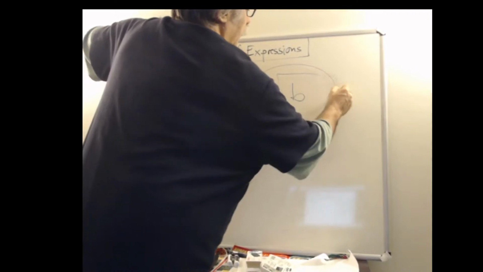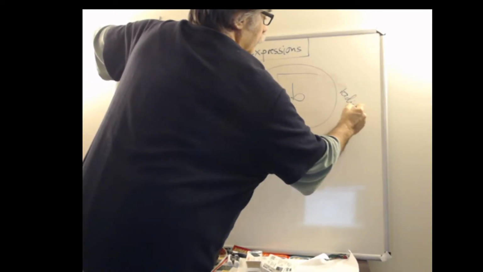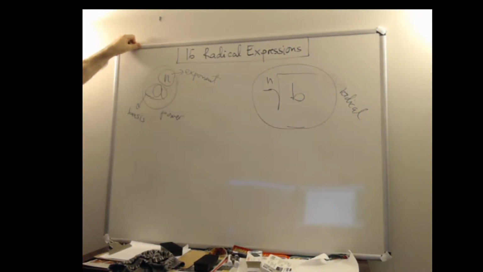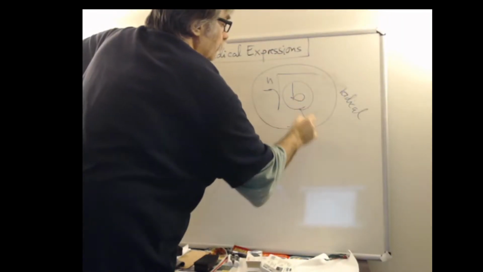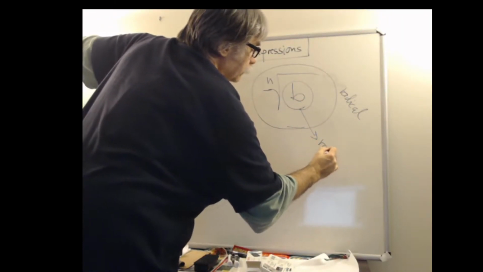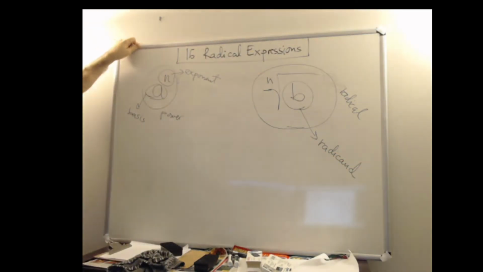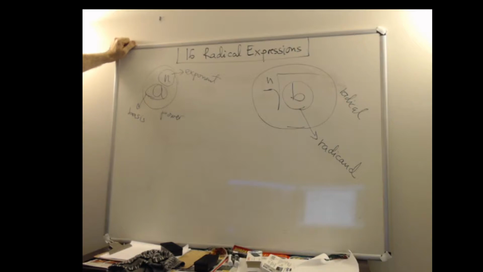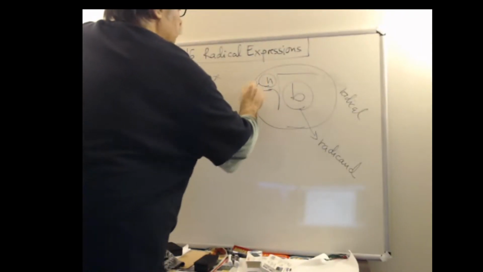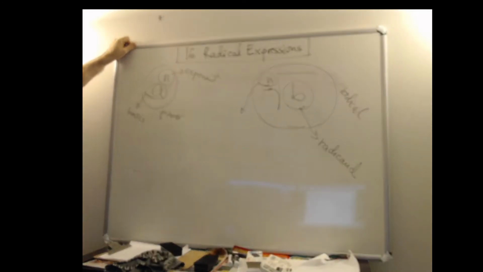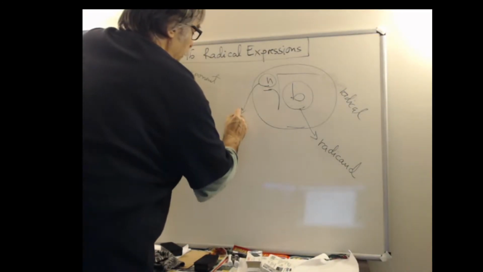We call this guy radical. Then we call this guy radicand. You're going to remember that. Radicand. And we're going to call this guy, not exponent, but index of radical.